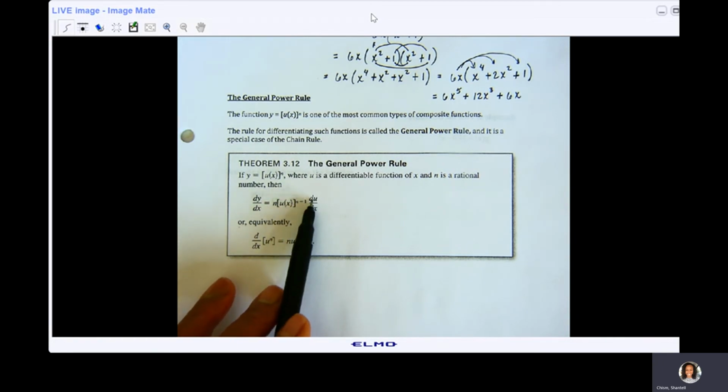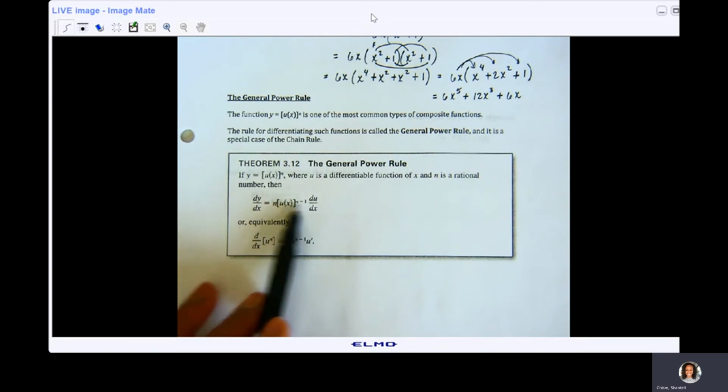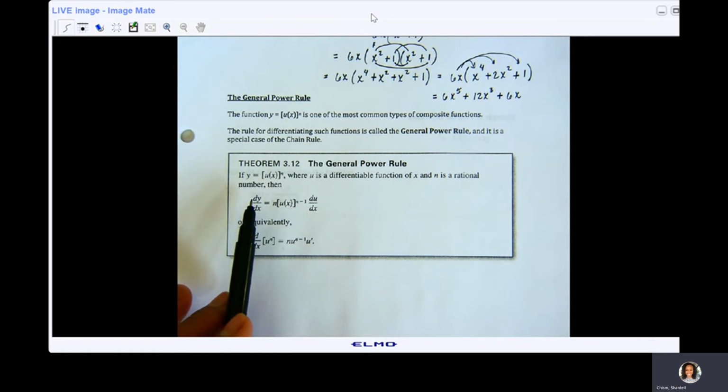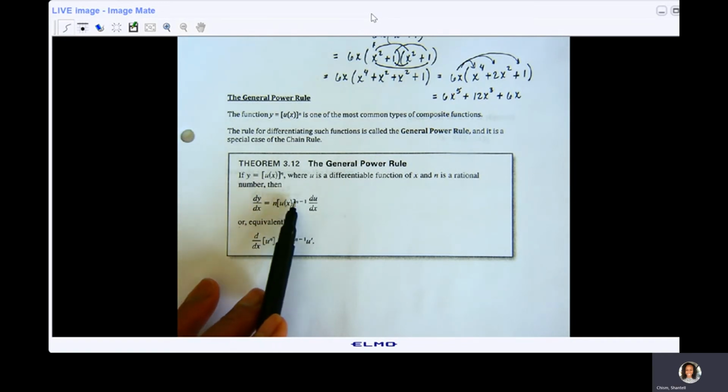So that's where you get times the derivative of u with respect to x. This is essentially what we just did, okay? We applied the chain rule, which is basically applying the power rule for the outer function and then taking the derivative of the inside.